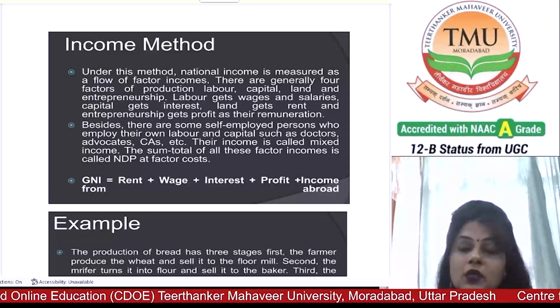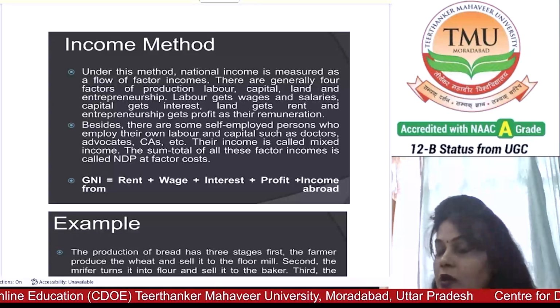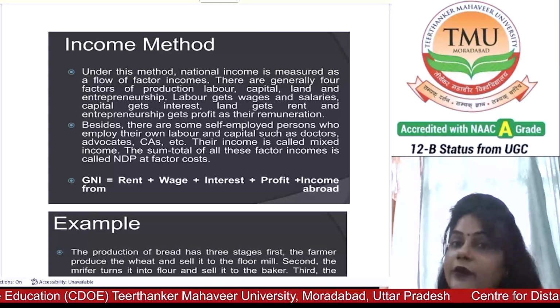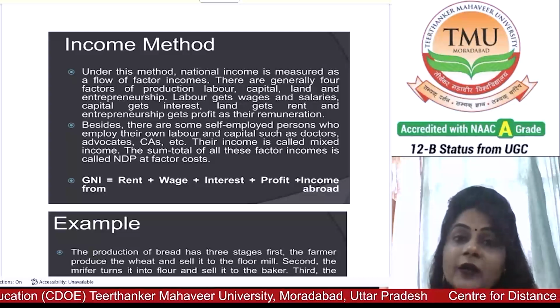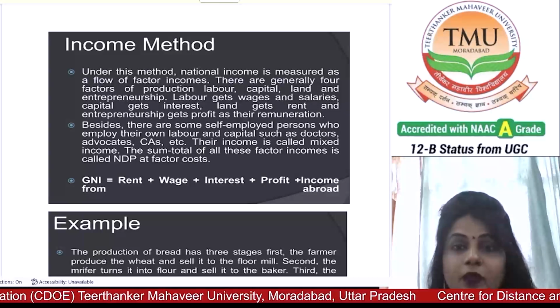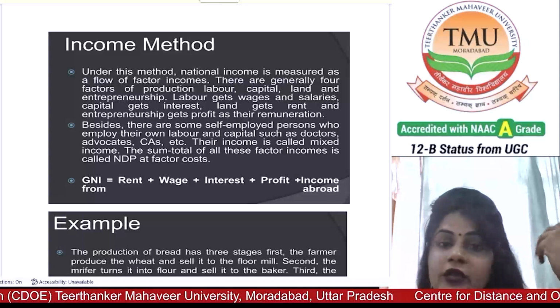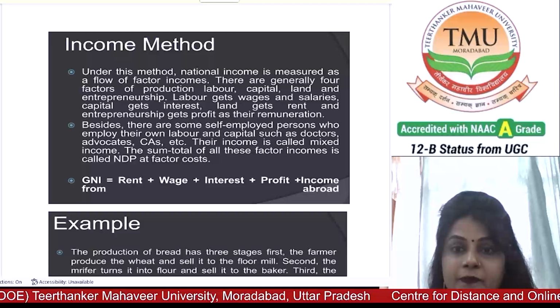Now we have discussed wages, salaries, interest, and rent. Now we discuss profits. Profit is the factor payment of the entrepreneur. Profit refers to the money that organizations make while producing goods and services.